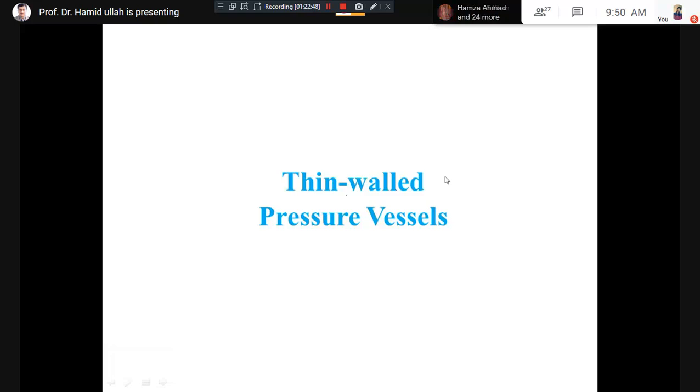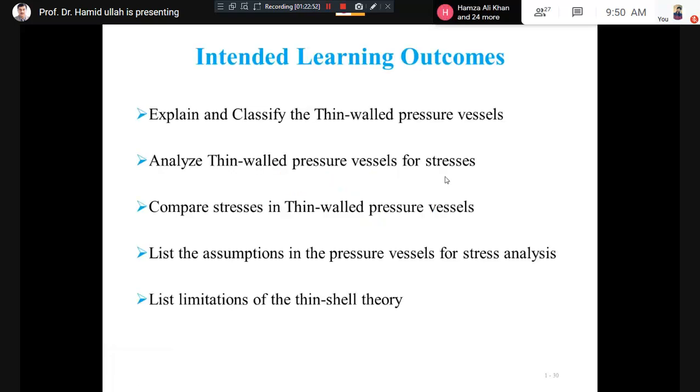For this part of the lecture, there is something important a student must know and is required to understand and learn. Number one, you should know the classification, the types, the categorization of thin wall pressure vessels.